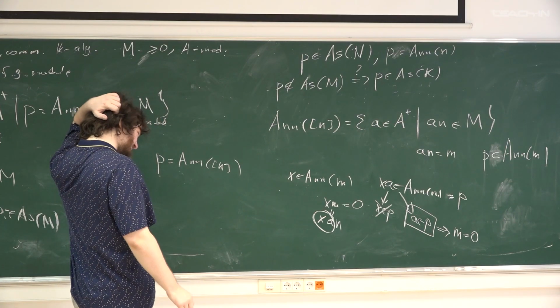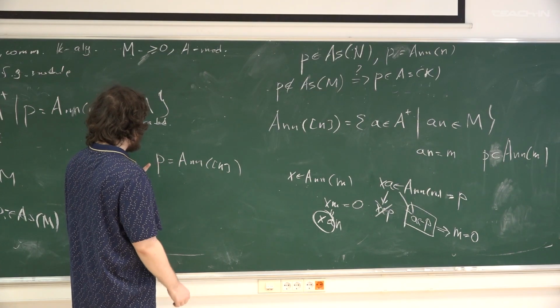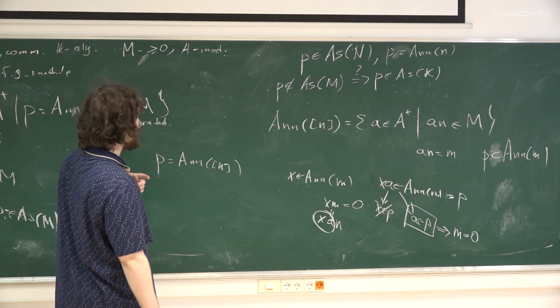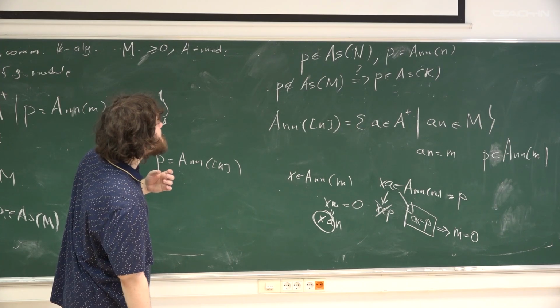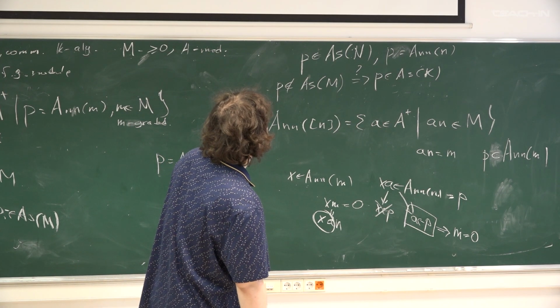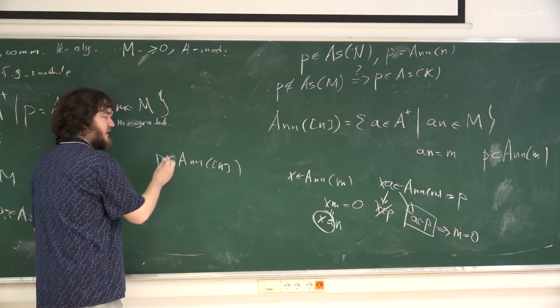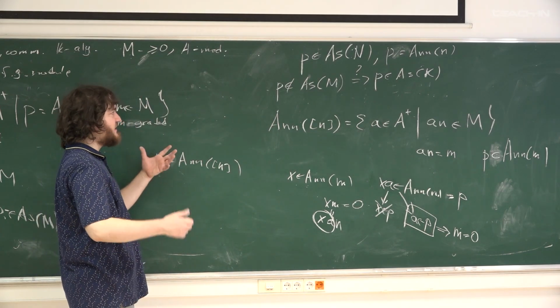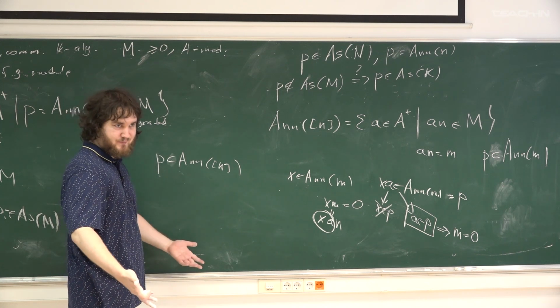If I have some element a, of course we have this inclusion again, because if it annihilates n itself, of course it annihilates the quotient.